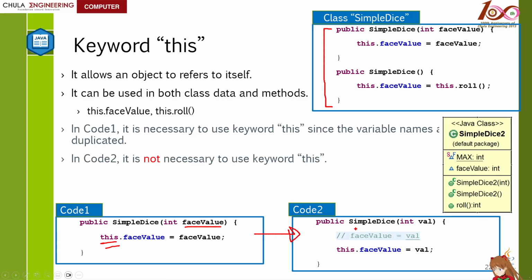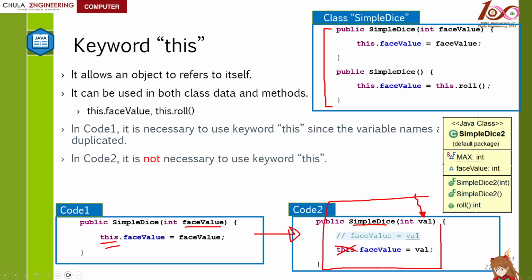But when we write the constructor ourselves, we don't need to write like this. We can alternatively just write the constructor with a different variable name for the method argument. If we write a different name for the method argument, then we do not need this to distinguish, because they have different names.